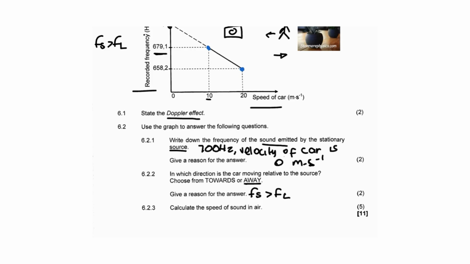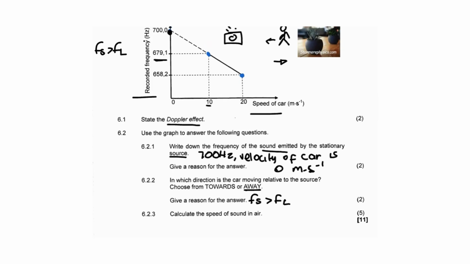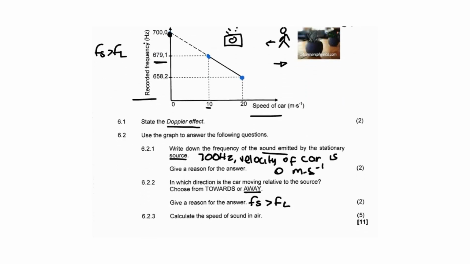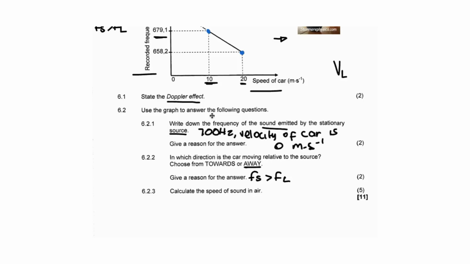And then question 6.2.3, calculate the speed of sound in air. They didn't give us the speed of sound in air, so we can calculate it. You can use either the 10 meters per second or 20 meters per second as your VL. I'm going to choose to use the 10 meters per second.